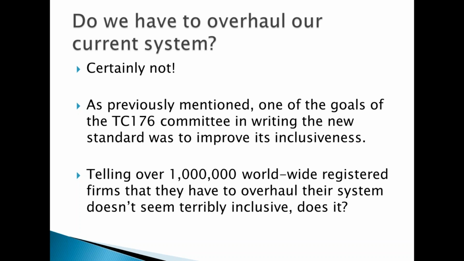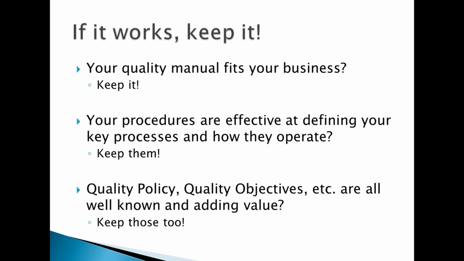So what does that mean from a practical standpoint? If it works, keep it. If your quality manual is doing a good job at fitting your business, you should be able to keep your quality manual. If your procedures are effective at defining your key processes and how they operate, you should keep those. If your quality policy and your quality objectives are well known, adding value, you should absolutely keep those things.